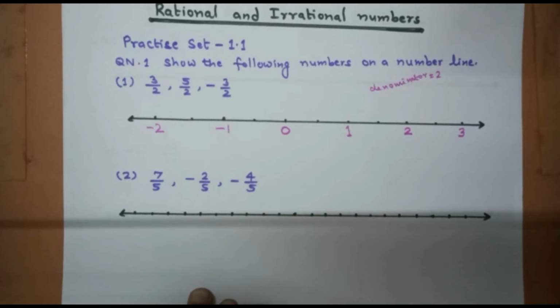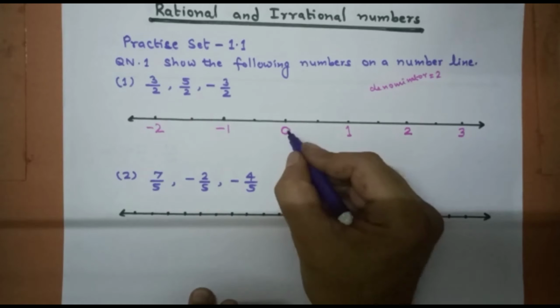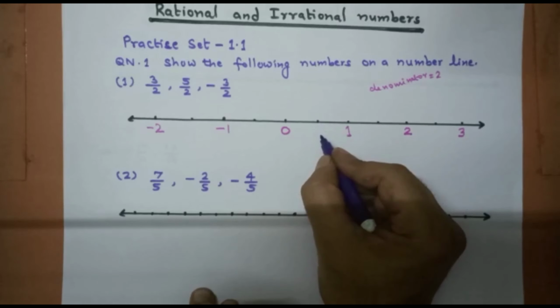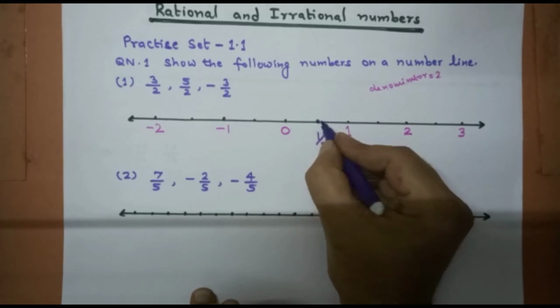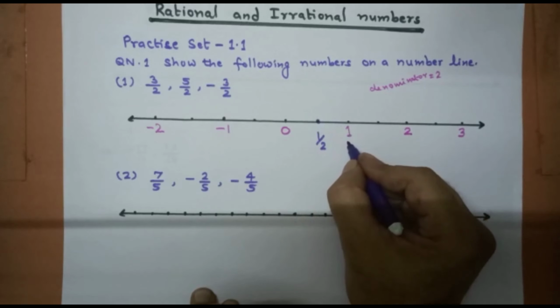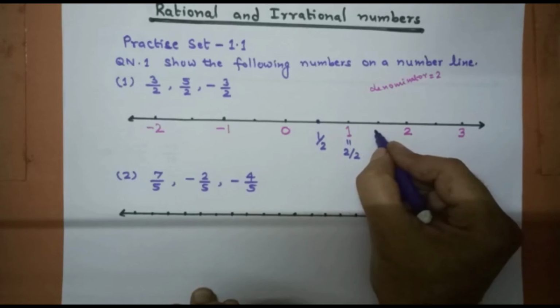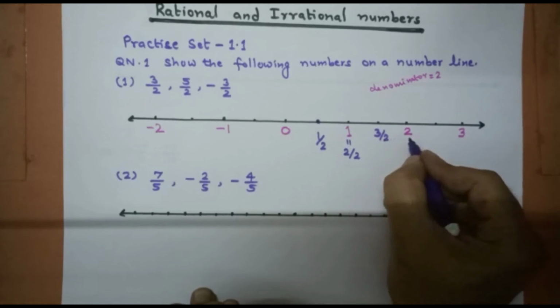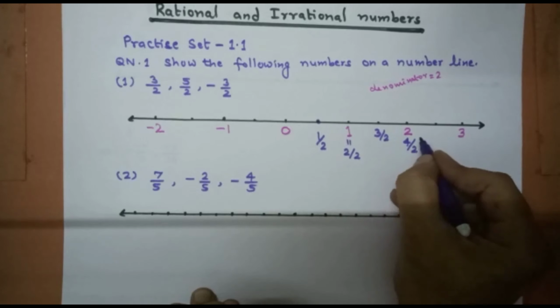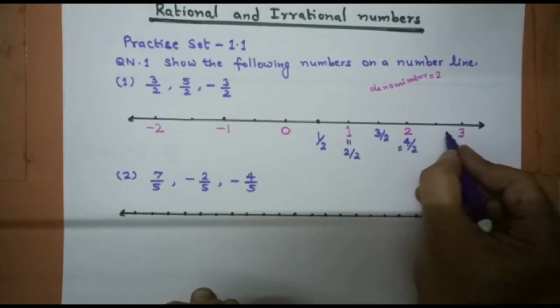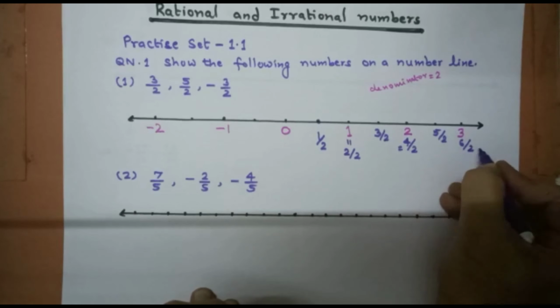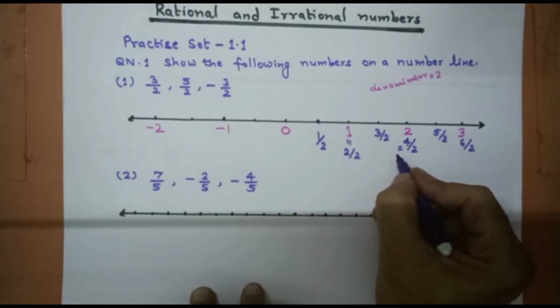Let's write it clearly. If this is 0, the next division will be 1 upon 2, then 2 upon 2, which is equal to 1, 3 upon 2, then 4 upon 2, which is equal to 2, then 5 upon 2, and 6 upon 2, which is 3.